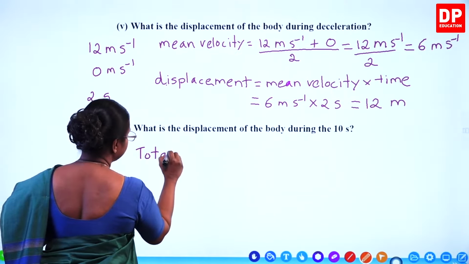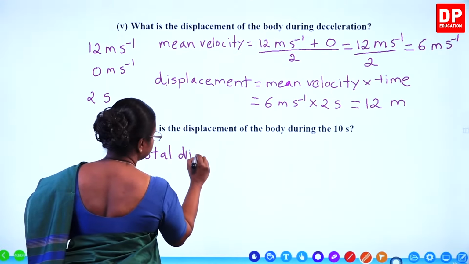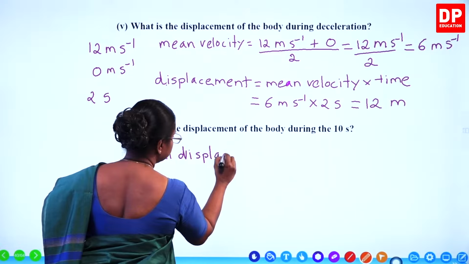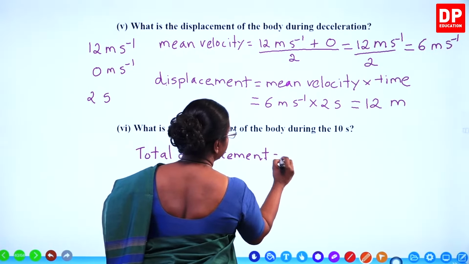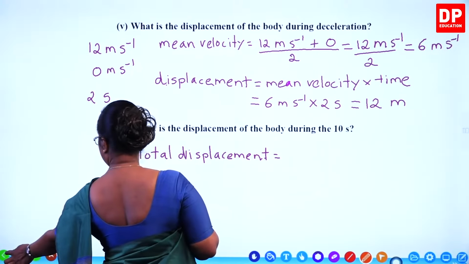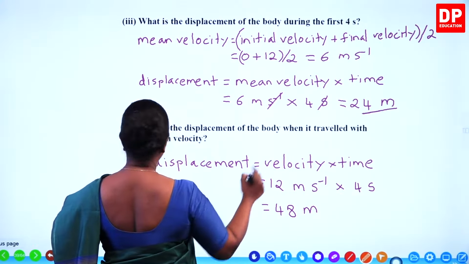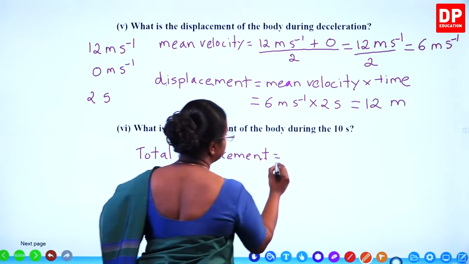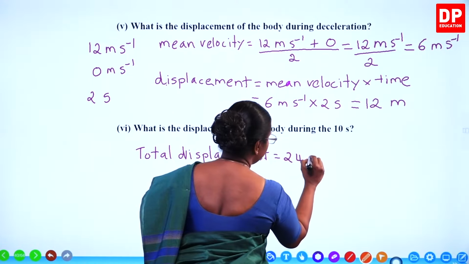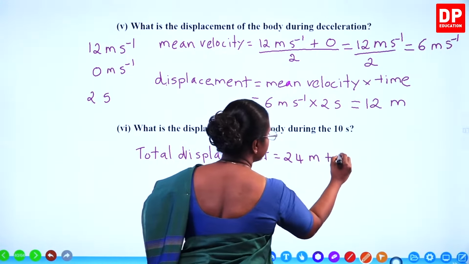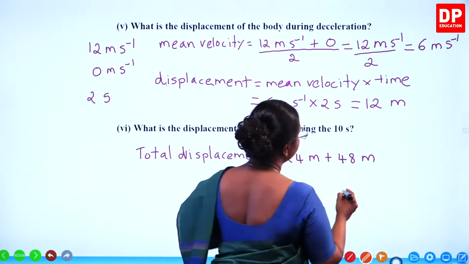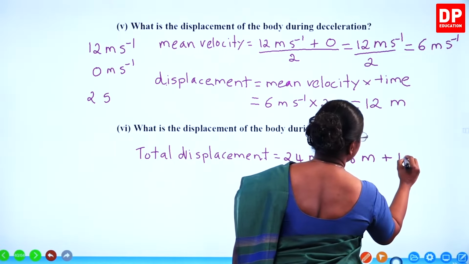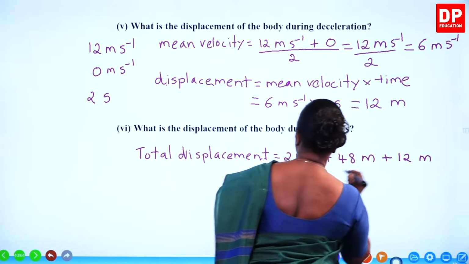Total displacement is equal to 24 meters plus 48 meters, and finally with deceleration 12 meters.